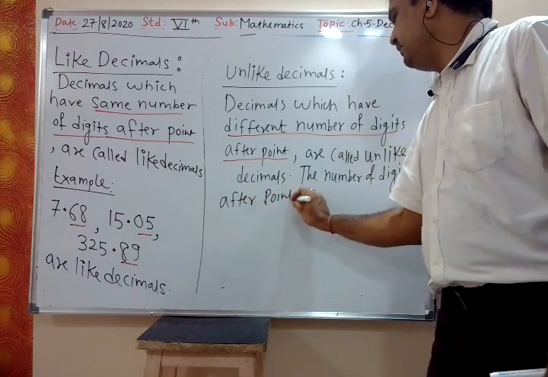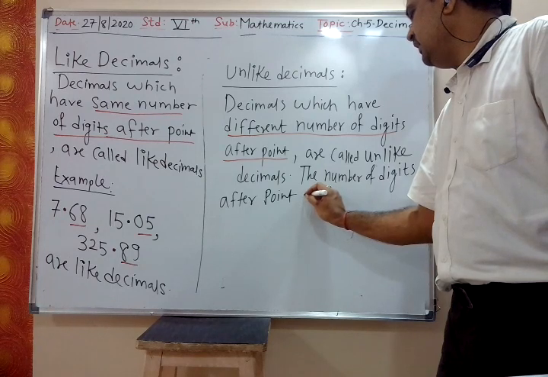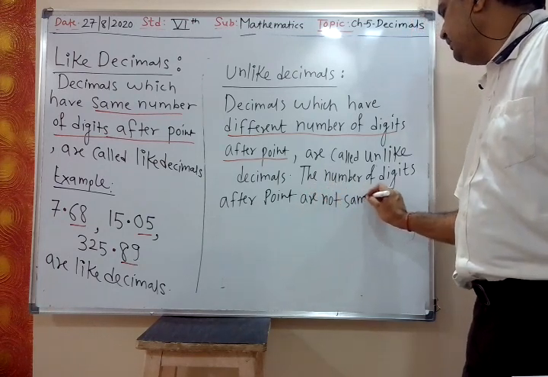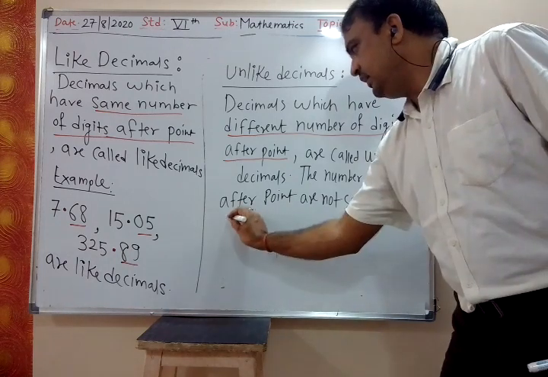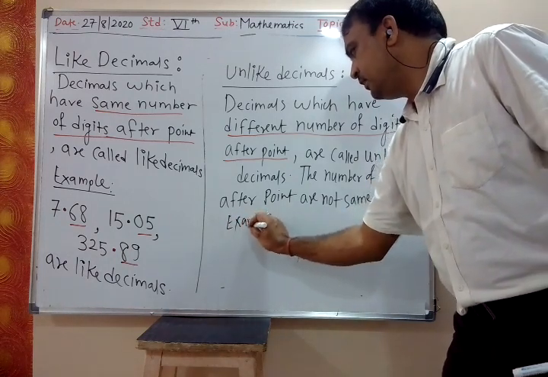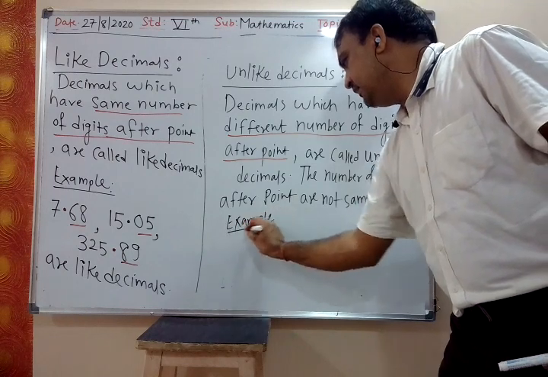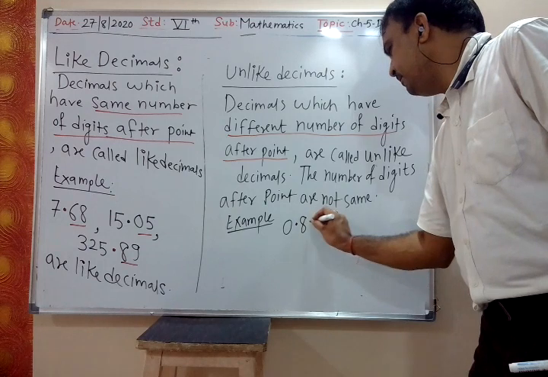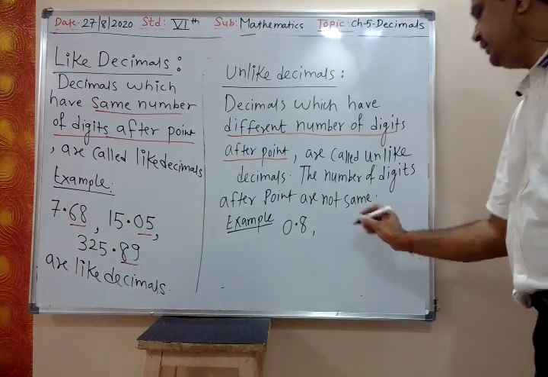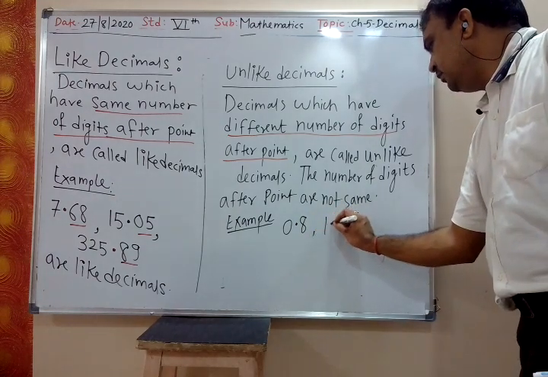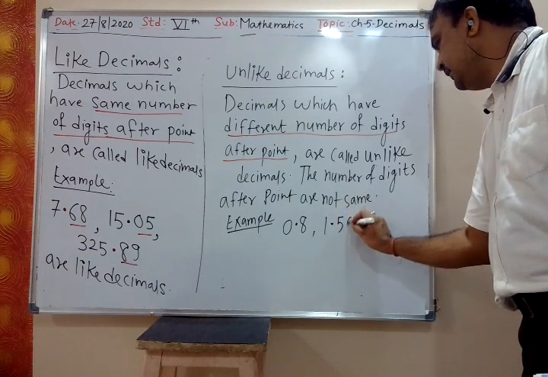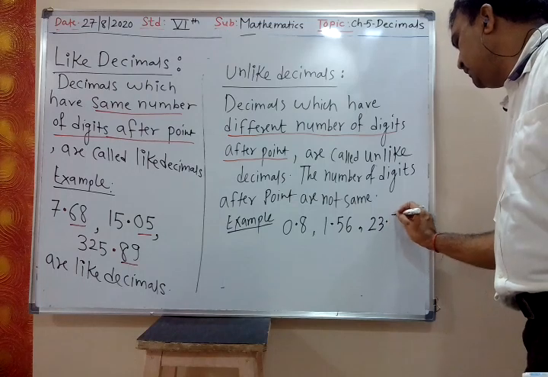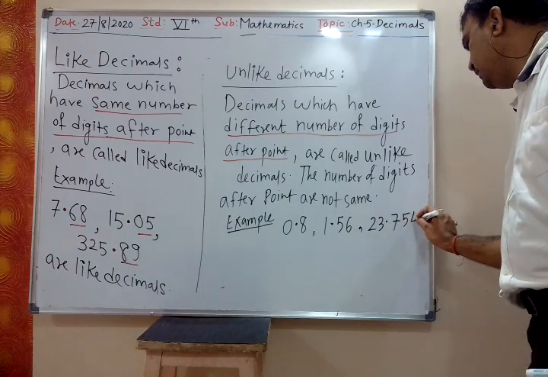The number of digits after the point are not the same. We can take the example 0.8, we can take the example 1.56, we can take the example 23.754.